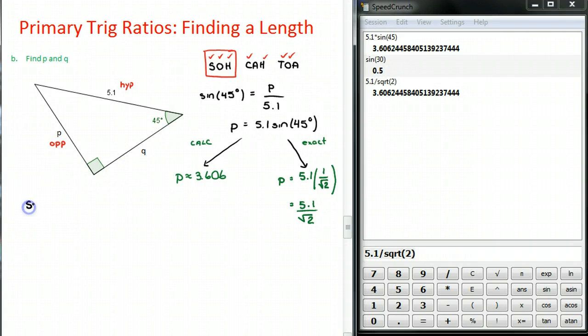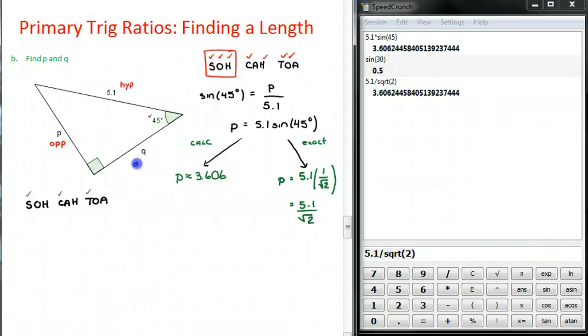So again, I can write down my SOHCAHTOA, and let's check mark the various things to see what we have. So we're working with the angle of 45 degrees, so I can take the sine of 45, cos of 45, or tan of 45.